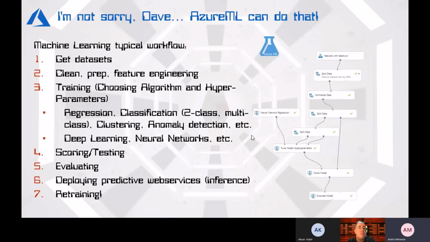Okay, so how does machine learning work? So let's say first part is the ETL, you get your data sets, and this is the same as the session before. You get your data sets, you clean them up, you prep them. An example of prepping is feature engineering. Let's say you have a date of birth. That's not right. You want to subtract the date of birth from the date of the events and then see the age of the person during that time, because you want to get the age.